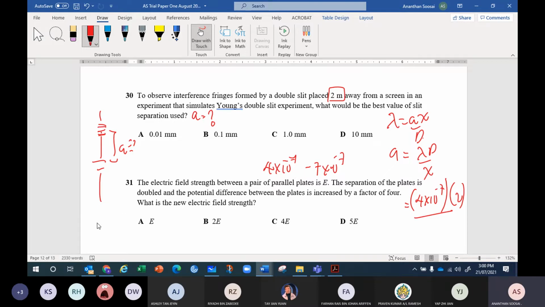Whenever in a double slit experiment, the fringe which is formed, fringe means the dark to dark separation, the x value. When scientists want to measure this, they want this x to be not too small and not too big.